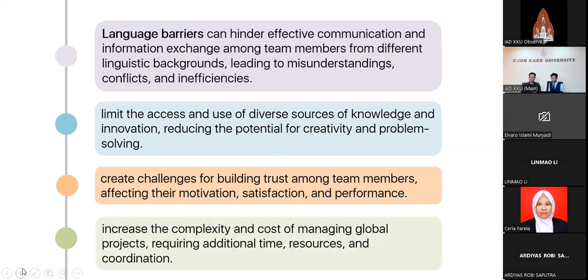Okay. So now here we have that it increases the complexity and cost of managing global projects. For example, if you're a staff member in a company or a university and you don't speak English fluently, it's difficult for you to manage global projects, or you may need to hire a translator or interpreter, and that requires cost.